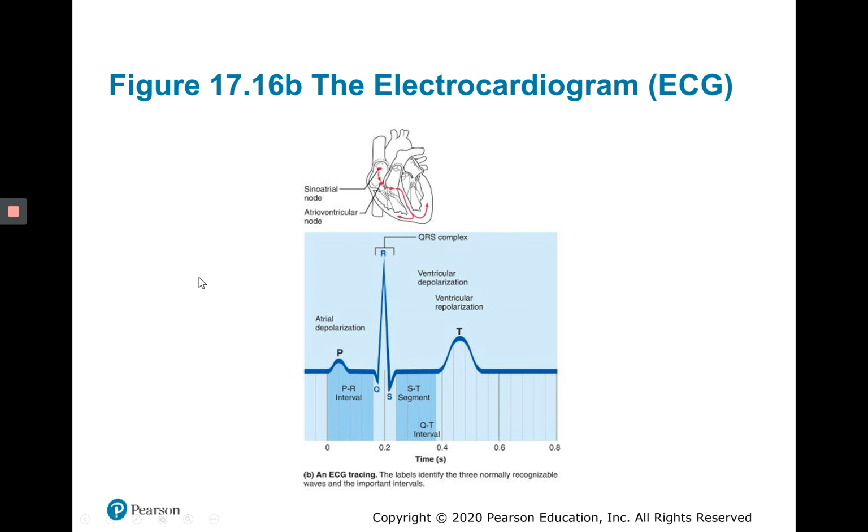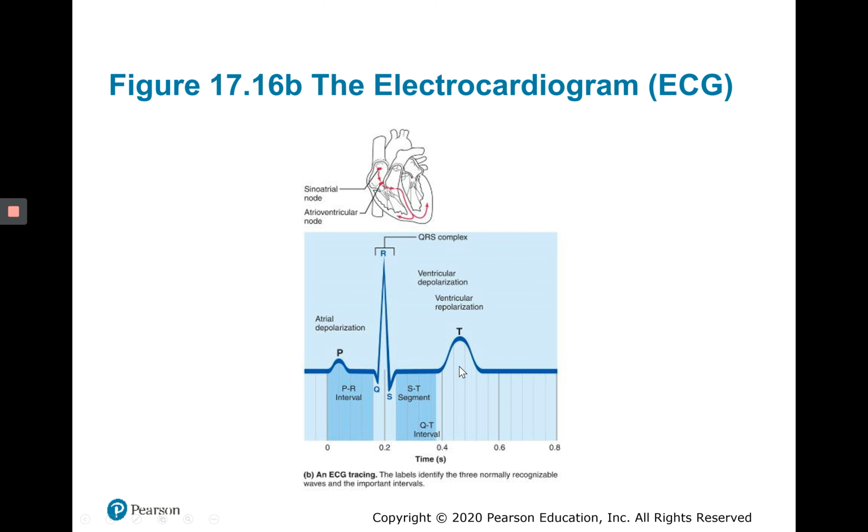So let's go through it one more time. I'm going to sound like a broken record, but I want to make sure this is understood. The P wave occurs during atrial depolarization, or when the atria are contracting. The QRS complex encompasses both ventricular depolarization and atrial repolarization, or during the QRS complex, the atria are now relaxing, but the ventricles are now contracting.